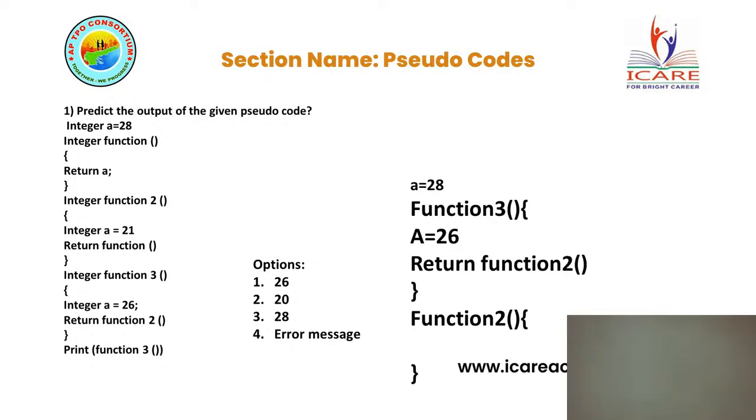Within function 2, there is some integer a is equal to 21. So same concept again: global variable has 28, within function 3 the value of a is 26, and within function 2 the value of a is 21. So we are reassigning with the overriding concept, a is 21.